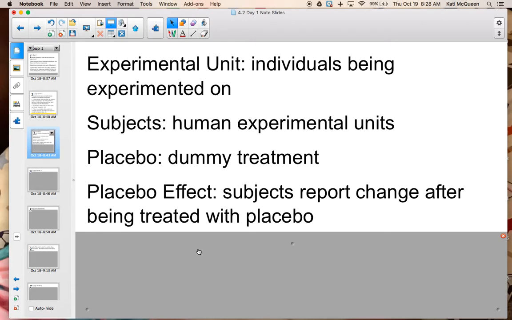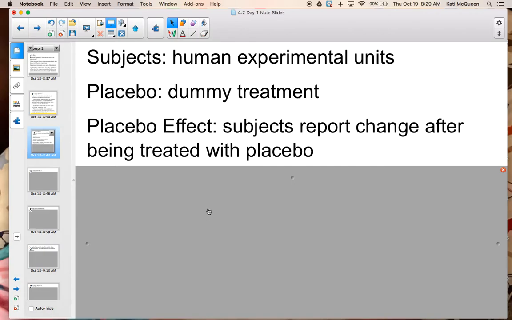Sometimes it's subconsciously, something that we don't really know we're doing, but we are in fact doing it. So the placebo effect is when a subject reports a change after being treated with the placebo. So the human mind kind of does some funny things. I always think about this, like if I have a headache and I take some medicine and I think, well, did my headache really go away, or do I just feel like it's better because I know that I took something?